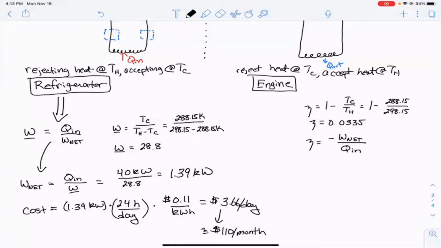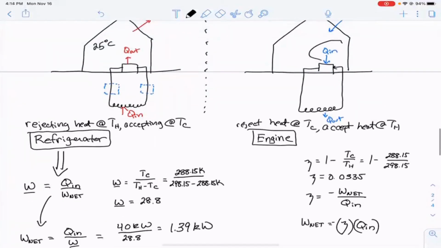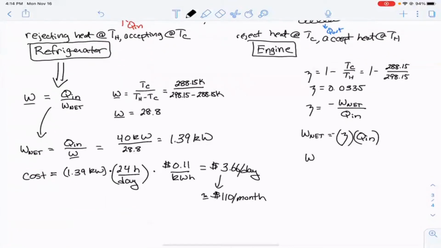Well, that means that the net amount of work done should be equal to minus the efficiency times the amount of heat that is taken into the process. And in the summertime, Q in is our air conditioning load. And so the net amount of work that's done in this particular problem is minus 0.0335 times Q in.